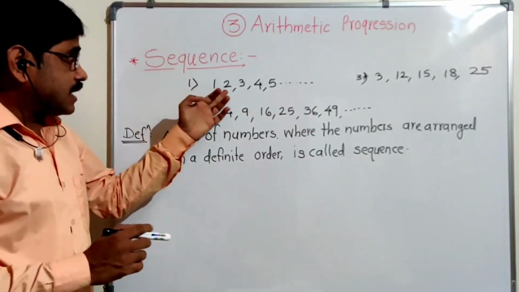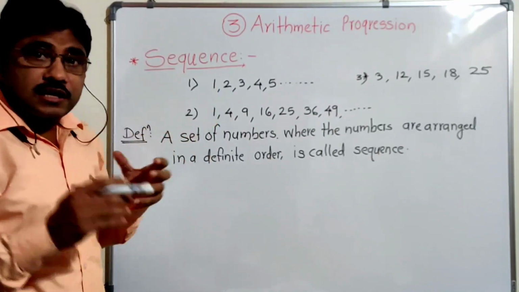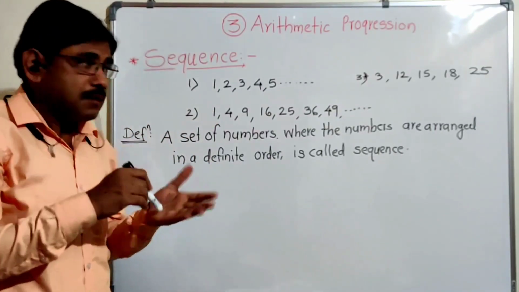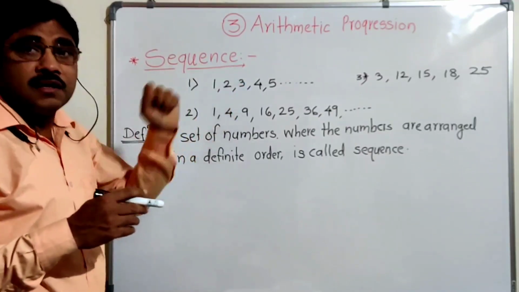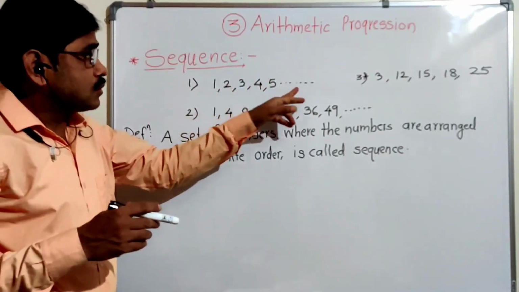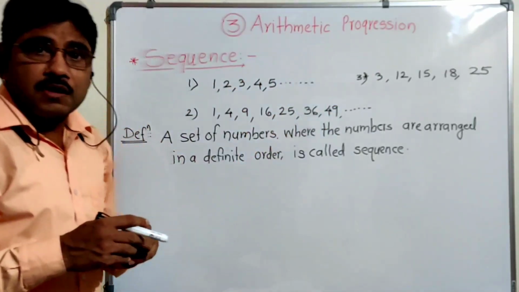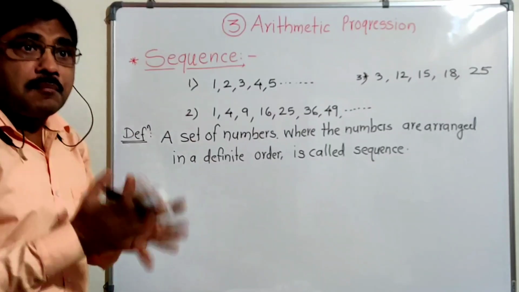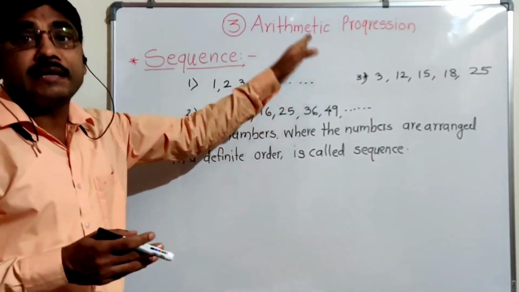Here the numbers are arranged in a definite pattern. There is a relation between the position of that number: first position, first number; second position, second number; third position, third number. So 13th position, 13th number; 15th position, 15th number. So we can tell the number which is on the 20th position. That is 20.